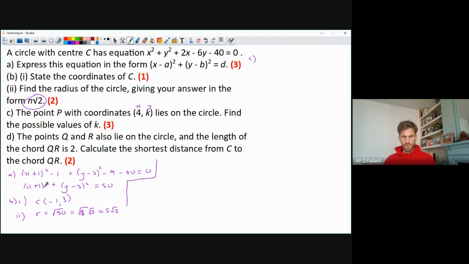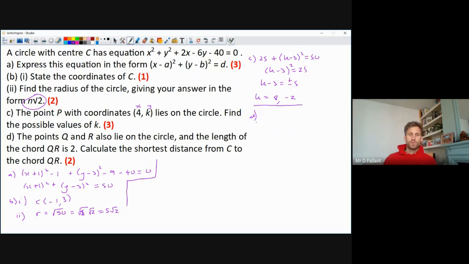So 4 plus 1 squared is 5 squared is 25, plus y is equal to k, so that's going to be plus k minus 3 squared equals 50. So I'm going to take that 25, I'm going to square root, and I'm going to add 3. So I've got 5 add 3, which is 8, but I've also got minus 5 add 3, which is minus 2. So I've got these two possible values for k. Okay.